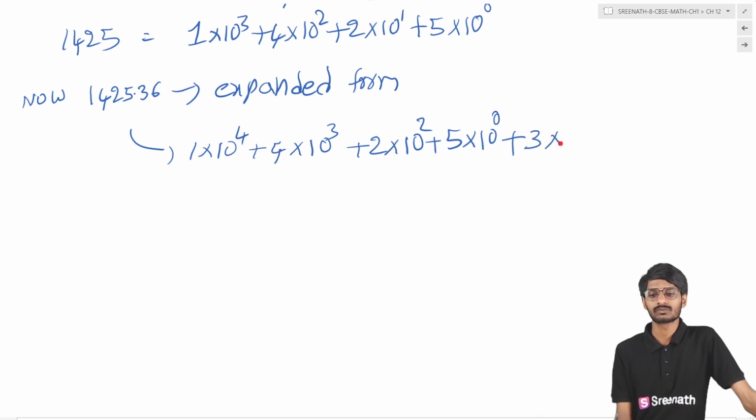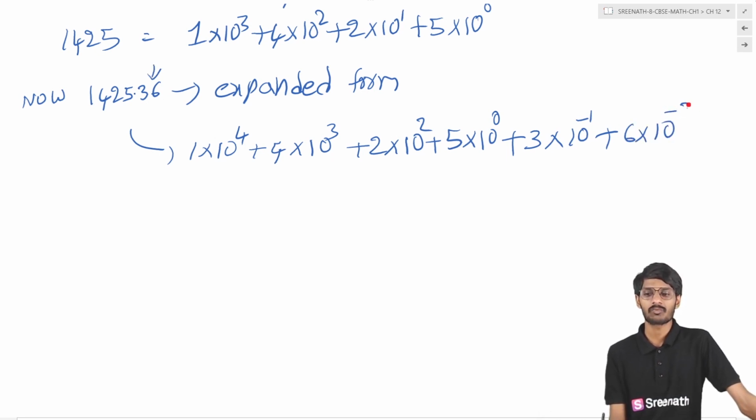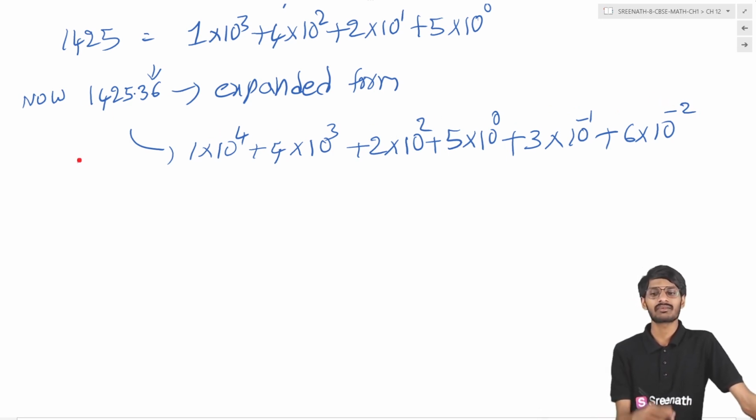That is 3 into 10 power minus 1, because the powers keep decreasing. Next term is 6 into 10 power minus 2, again decreasing the power, because we keep decreasing the powers.